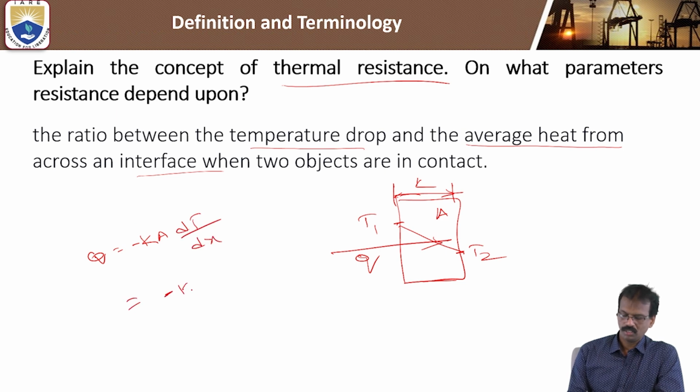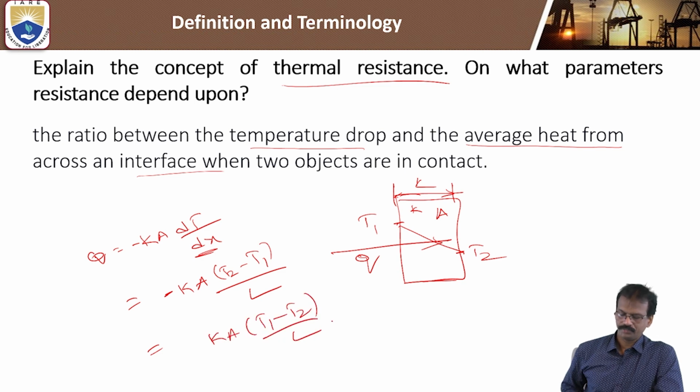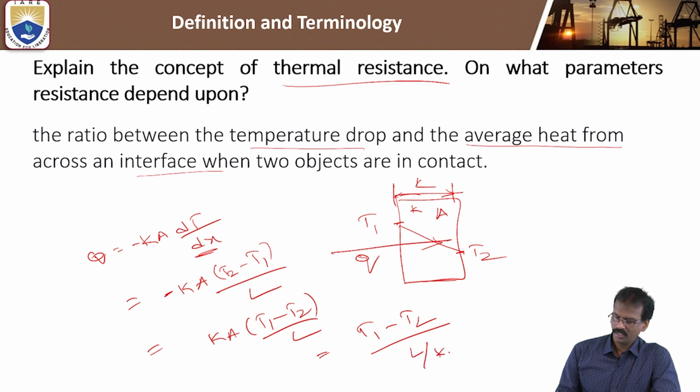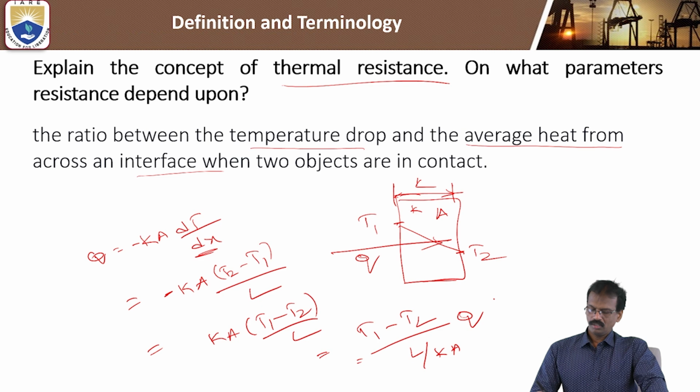So minus K, the thermal conductivity of the material, area A of the homogeneous body, delta T, T2 minus T1, by thickness L. So minus minus, it means K A into T1 minus T2 by L. You can bring this to here and rewrite it like this: T1 minus T2 divided by L by K A is equal to Q.